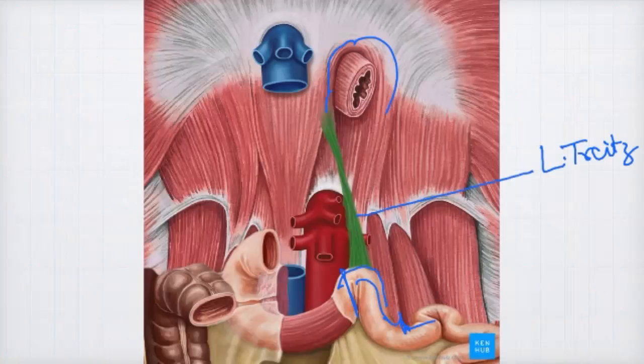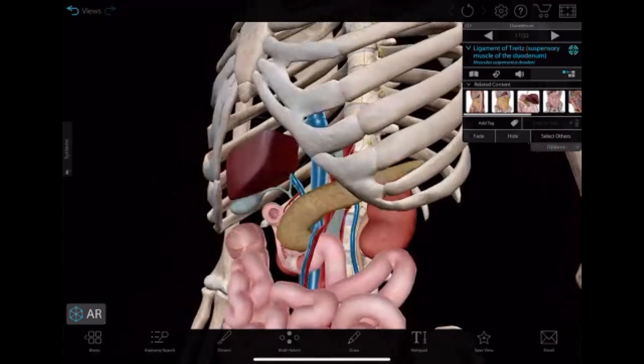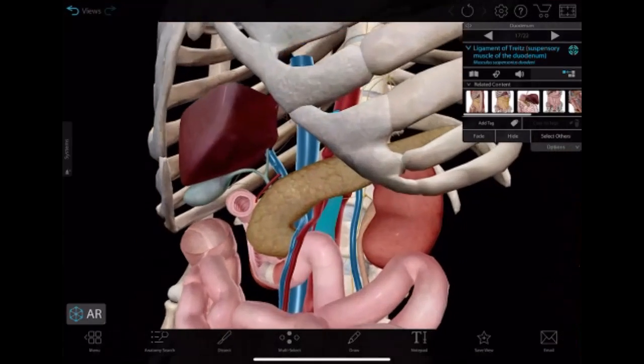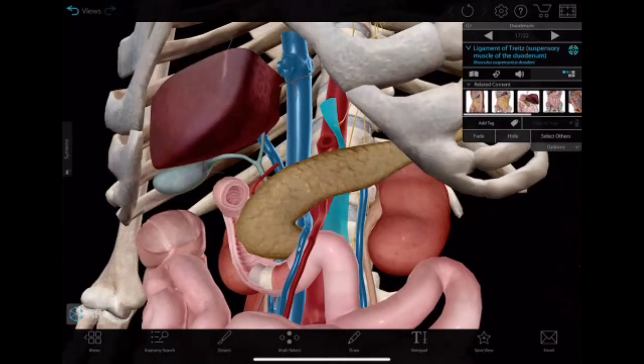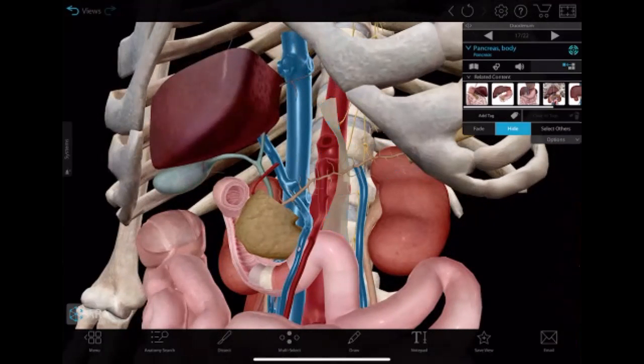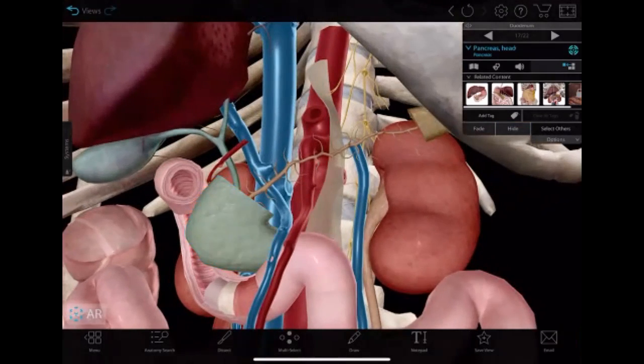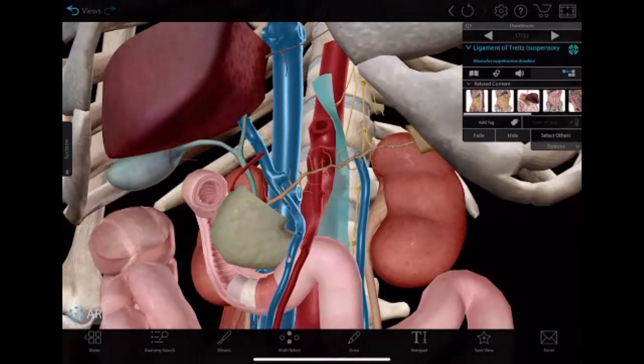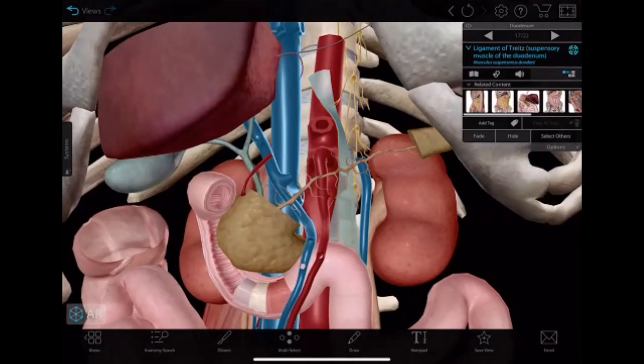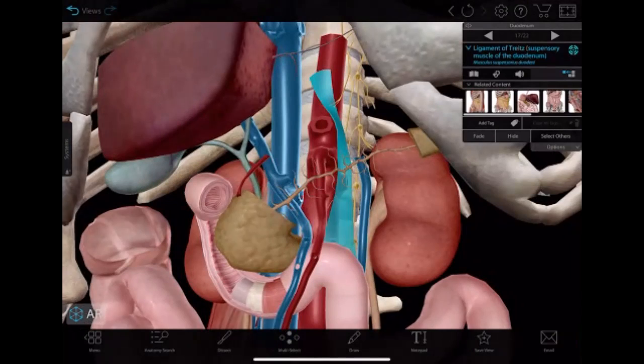So this selected band is the ligament of Treitz, right? Suspensory muscle of the duodenum, right? So this one.